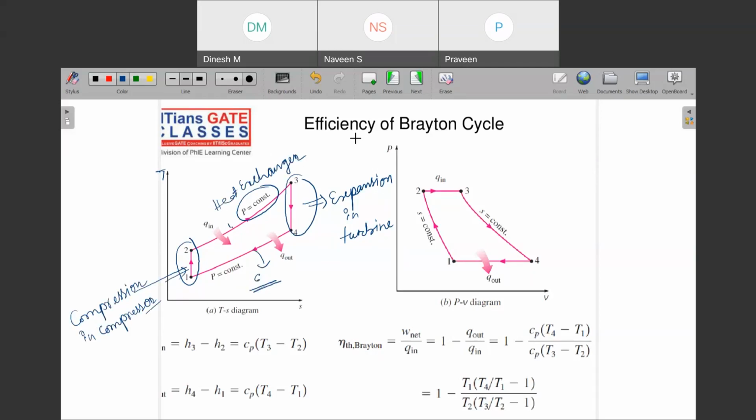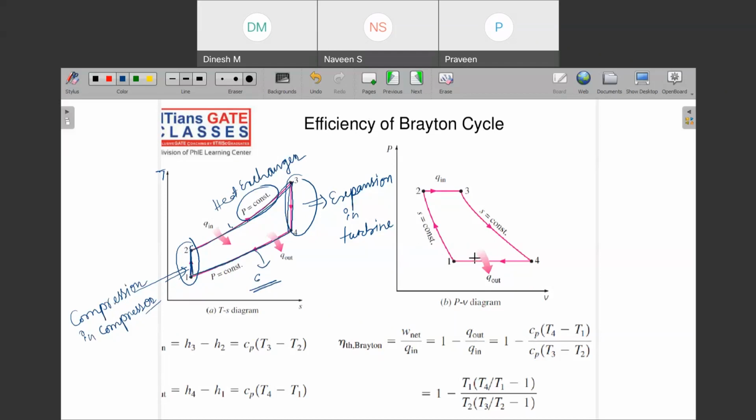So now I hope you can visualize the process: this is the compressor part, then you got into the heat exchanger, then the turbine, and then you came back to the compressor. Can you see that here your temperature increased, here again the temperature increased, and here temperature decreased, and again temperature decreased.